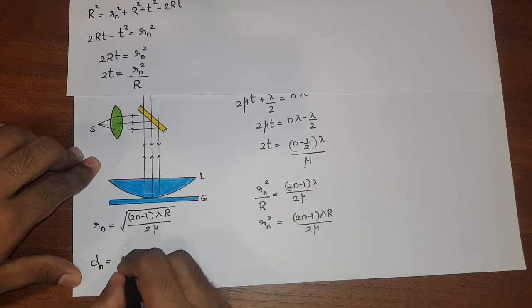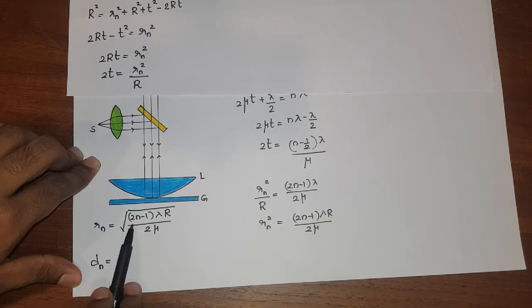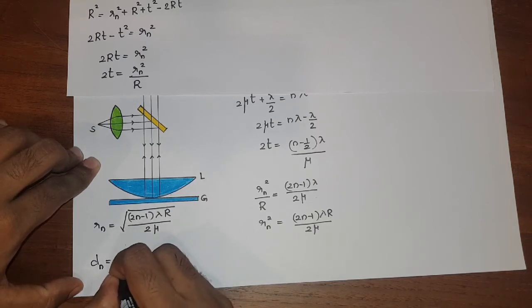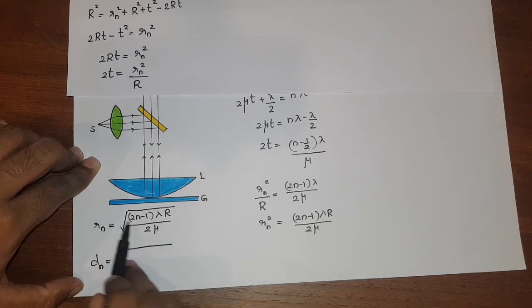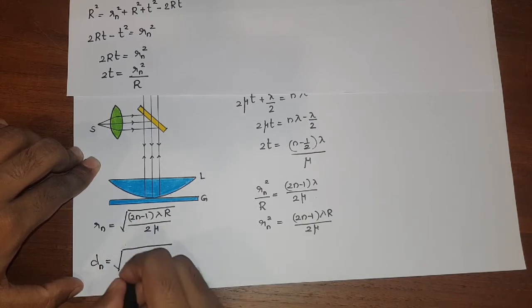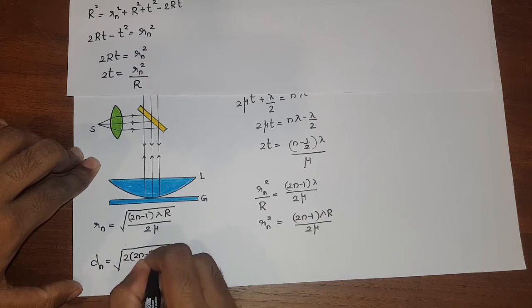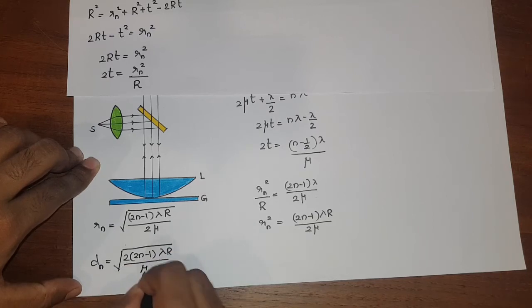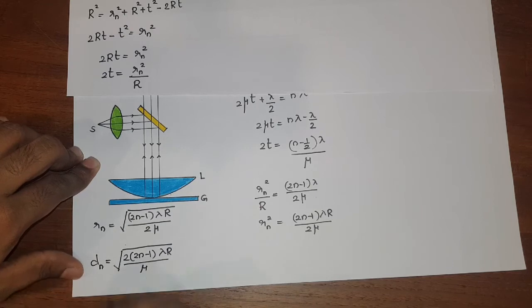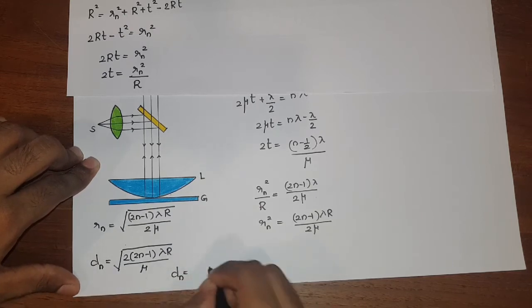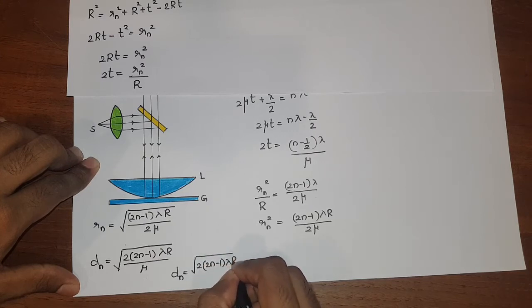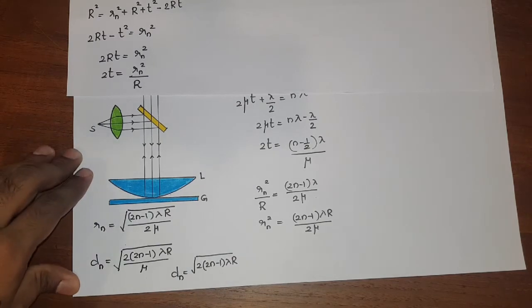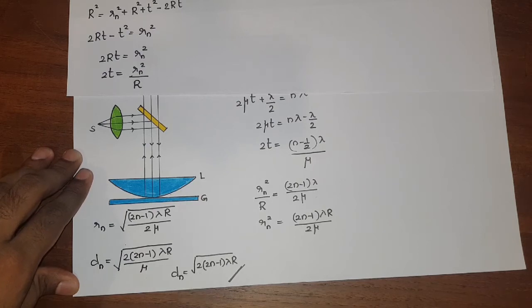So Dn will be equal to, multiplying this side by 2, the 2 I am taking inside the square root, so I will get square root of 4 into this term, so that 4 and 2 will cancel out, so 2 into (2n minus 1) into lambda R divided by mu. The whole thing is inside the square root, or I can simply write it as Dn is equal to square root of 2 into (2n minus 1) into lambda R if mu value is equal to 1. This is the expression for diameter of the nth ring.